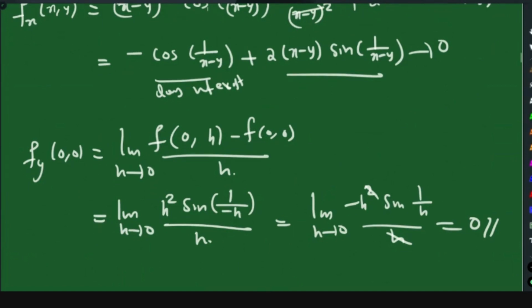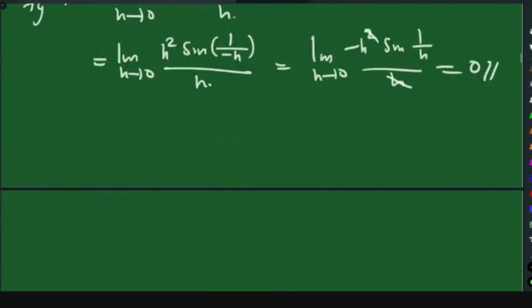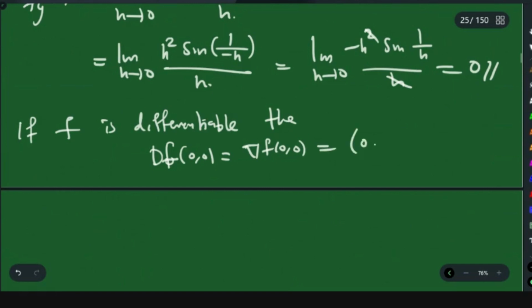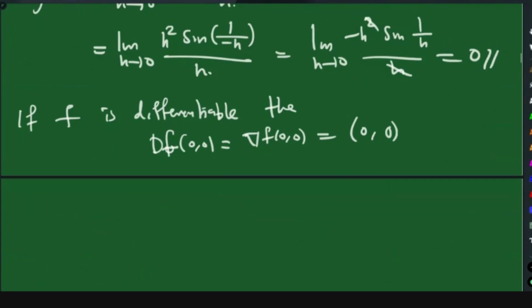So what should be the expected derivative? If f is differentiable, then the derivative df at (0, 0) should be equal to del f at (0, 0), which is in fact the 0 vector. So now you only need to check whether the corresponding limit goes to 0.